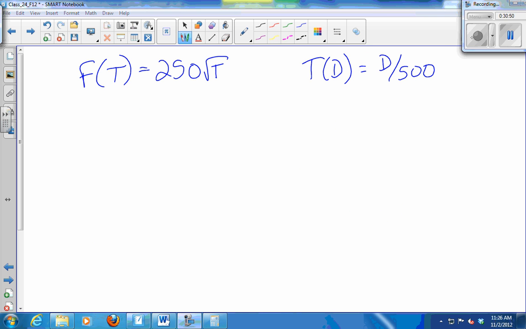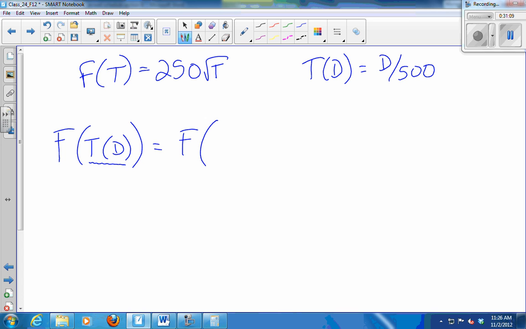All right, so I want to find F of T of D. So I don't have numbers anymore. I'm working just with symbols. So I'm going to replace T of D with its formula. So this is going to be F of D over 500.